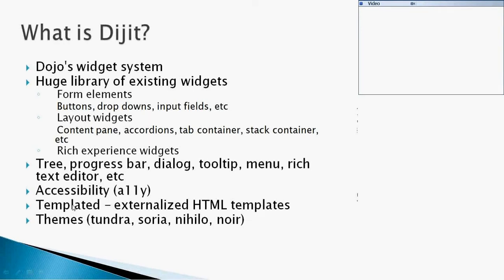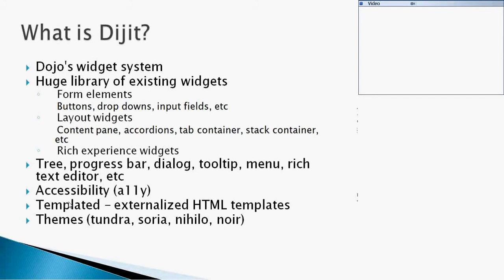And they also take care of accessibility, because how they work is, inside your markup you say a very simple thing like input type equal to radio button, just like plain HTML. But dojoType is equal to dijit.form.RadioButton. So only when your browser supports that functionality, it will turn into a more advanced type of radio button or more advanced type of text box. If it is not available, it will come as a basic one.